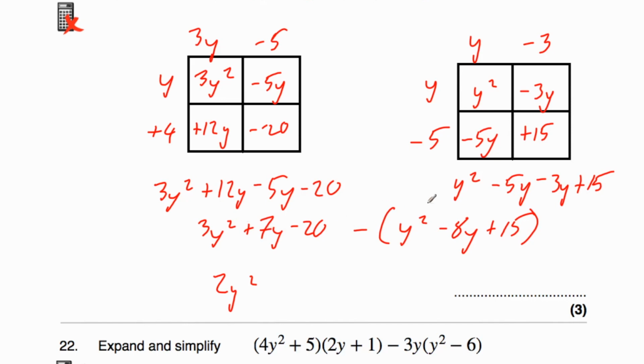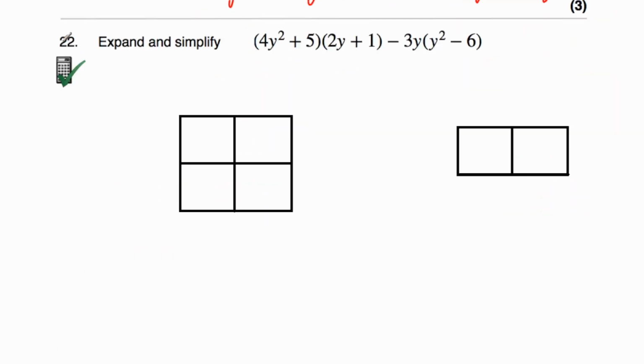So that's going to be the same as 7y plus 8y, which would be plus 15y. And then finally, we've got minus 20, take away 15. Well, minus 20, take away 15, we'll go down another 15, so it'll be minus 35. So the answer would be 2y squared plus 15y minus 35. And that's it.